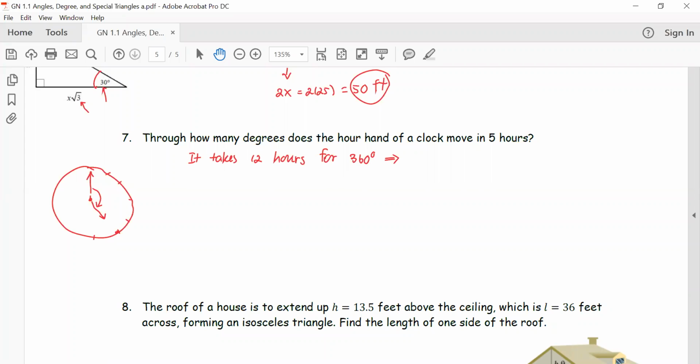Therefore, it goes by 360 degrees divided by 12, or 30 degrees for every hour.